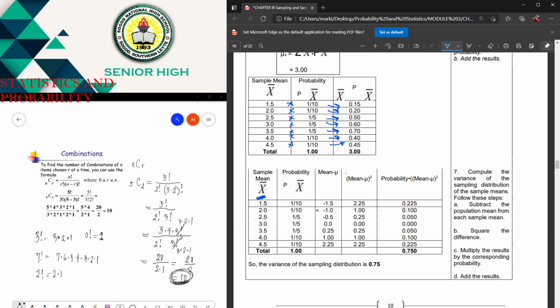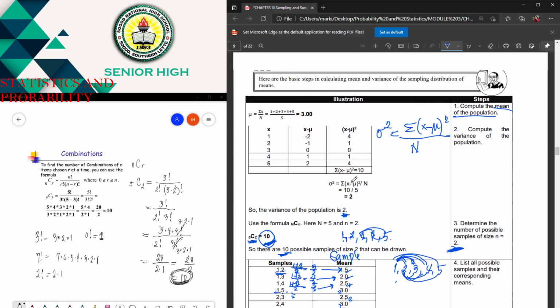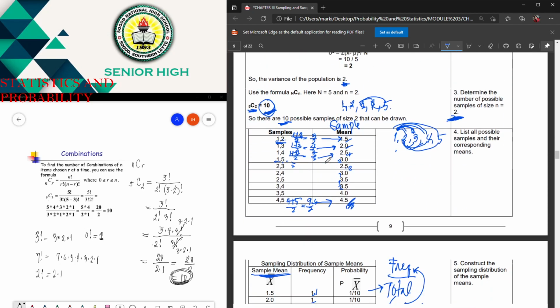What is the mean minus the mu? So, where's the mean? Let's go back up. What is the mean? The mean is 3. Yes, 3.